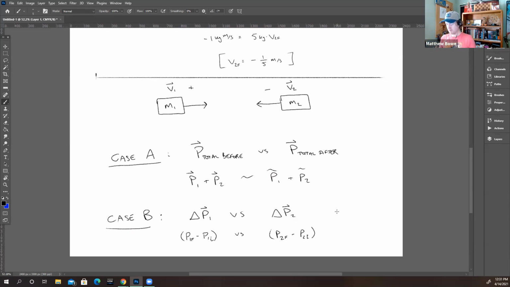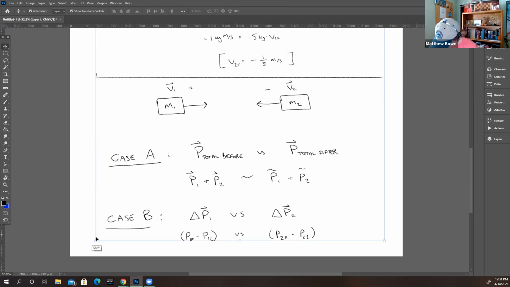Okay, so we have these two ways of thinking. Which one is better? How do we tell which one's better? We see which one is perfectly conserving the momentum. So what that means is I have this versus sign. Let me go like this.